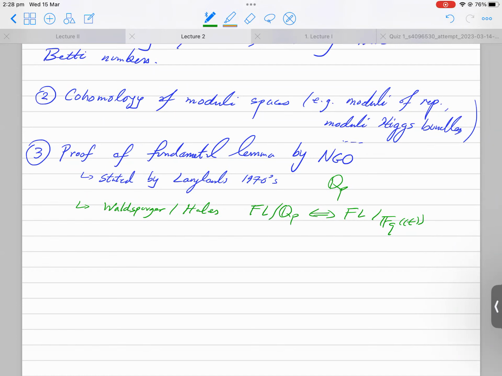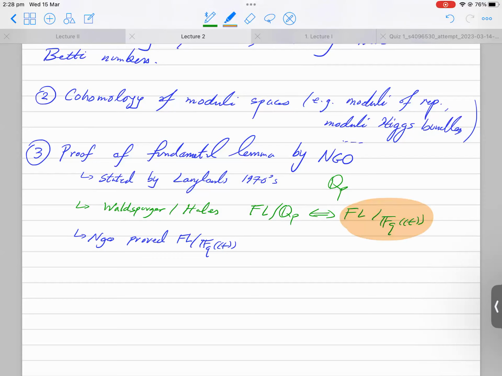And then Ngo proved this over function fields by counting points of Higgs bundles, actually of fibers of certain Higgs bundles. So Ngo proved the fundamental lemma by using the Weil conjecture, because people realized that this fundamental lemma comes down to a statement about cohomology of certain varieties called Hitchin fibers.